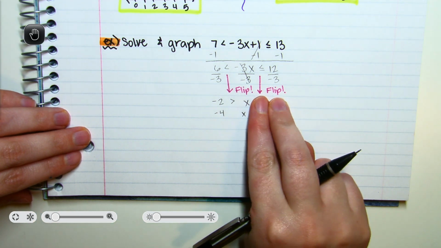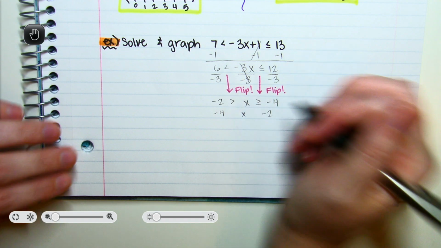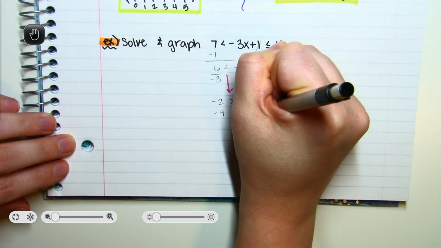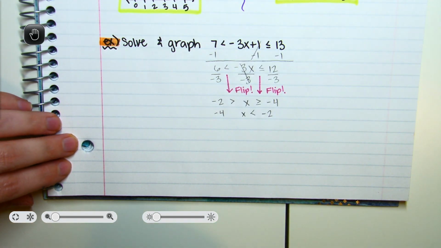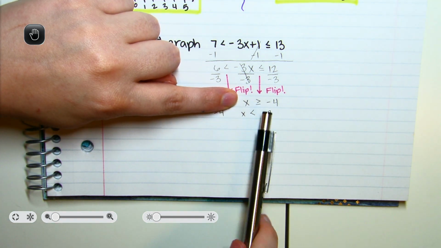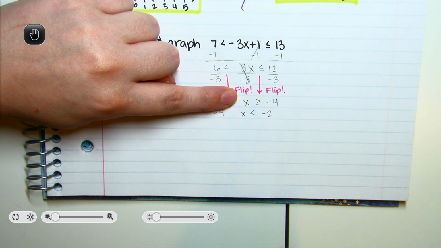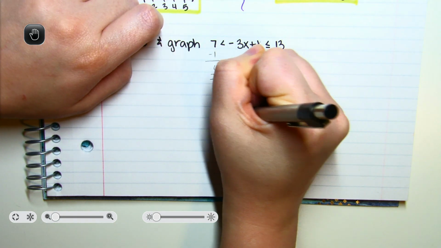So the x and the -2, the big side opens towards the -2. It stays opening towards the -2. The x and the -4, the big side of the inequality opens towards the x, so it stays opening towards the x.